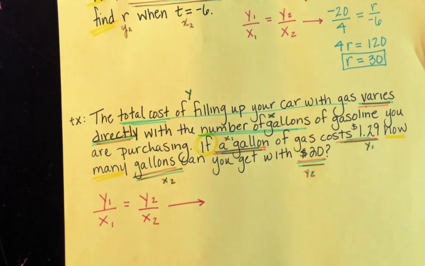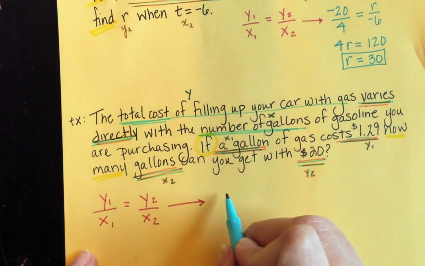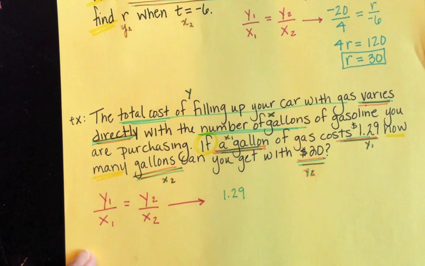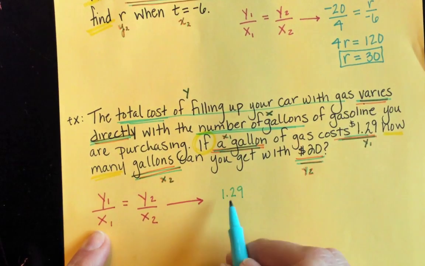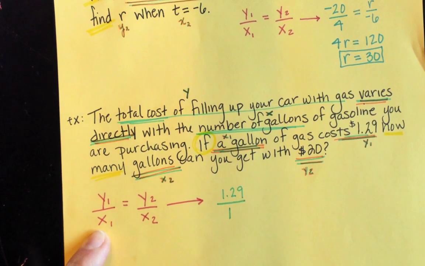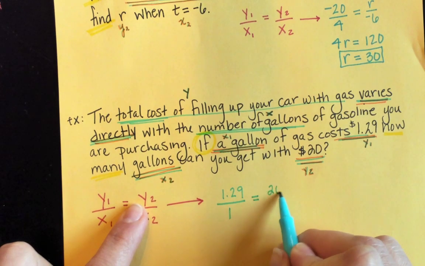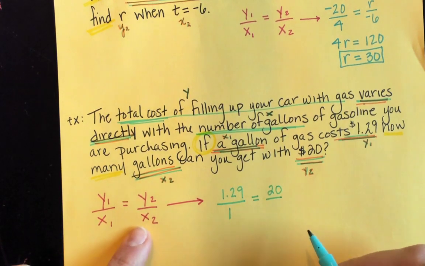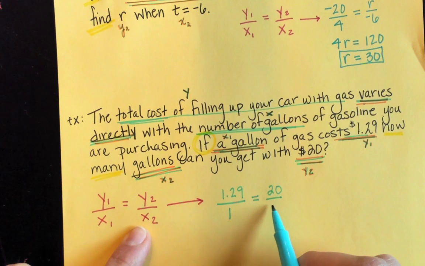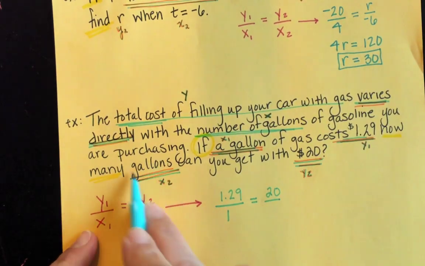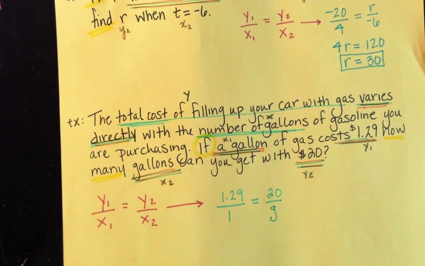So our y1 was 129. Our x1 was 1, because that's a gallon. Our y2 was $20, and our x2, we don't know what that is. That's how many gallons, so you could even name that G or gallons. And then we cross multiply and solve.